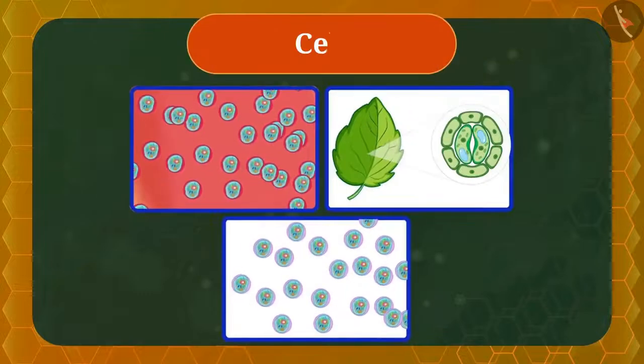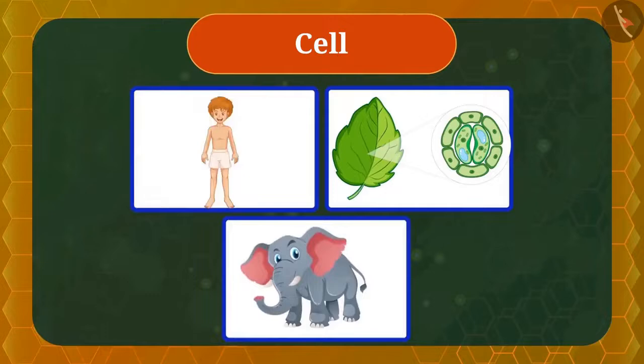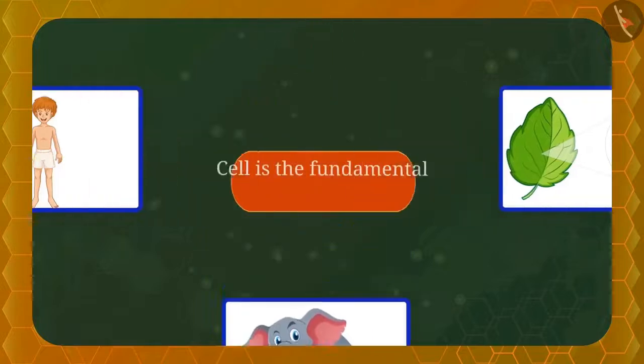These compartments are called cells. Hence, it can be said all living beings are made up of cells, and the cell is the smallest unit from which all living beings are made. Cell is the fundamental unit of life.